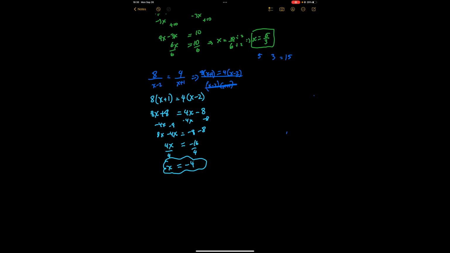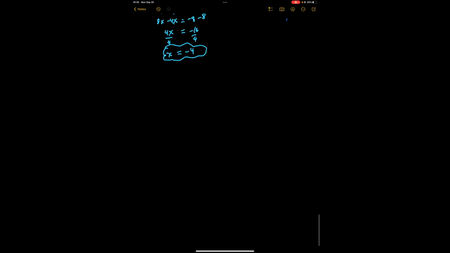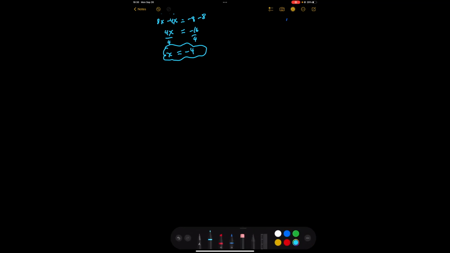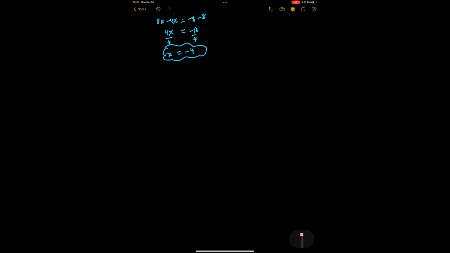Let's do another one, a little harder one. I think we can do 3 under 10 minutes. I'm going to try to keep it under 10 minutes, but we'll see.